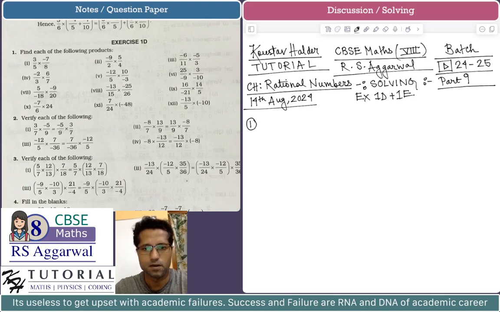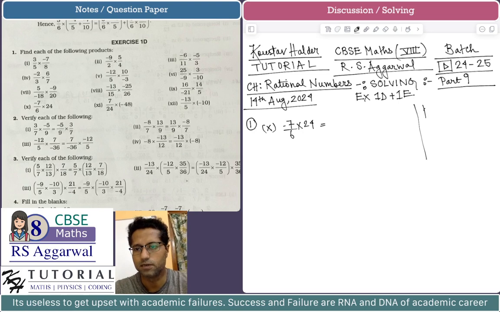Let's say part 10. It says minus 7 by 6 multiplied by 24, and we know the formula for the product of two rational numbers: if you have two rational numbers p by q and r by s, the result is the product of the numerators divided by the product of the denominators.